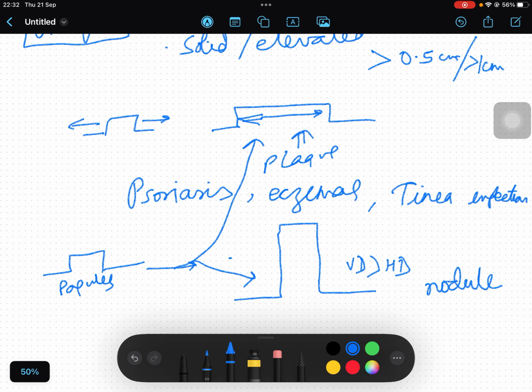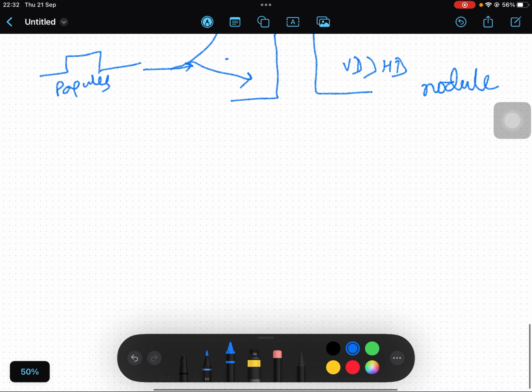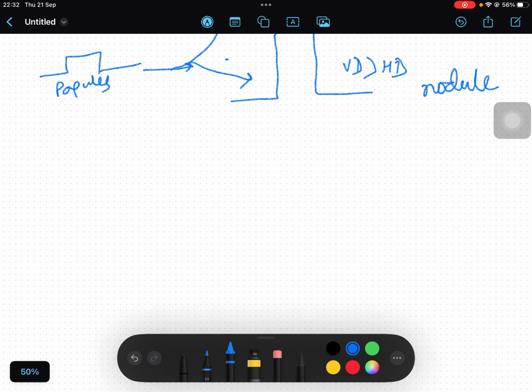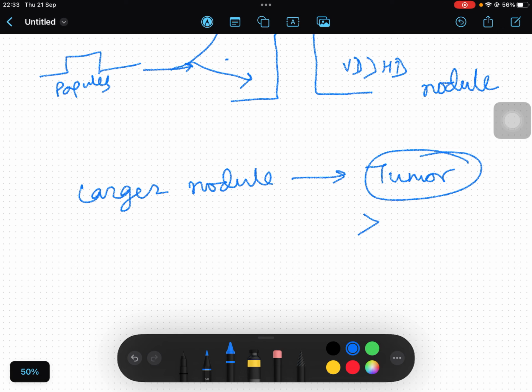So plaques are flat, with horizontal diameter more than vertical diameter, whereas nodules are bumpy, they are taller. A larger nodule may also be known as a tumor. Usually if the size is more than 2 centimeter, we call it a tumor.